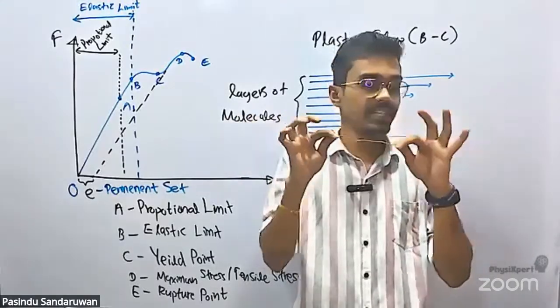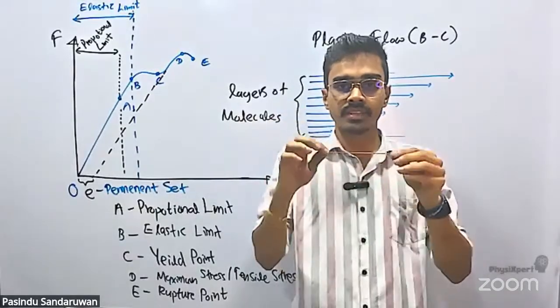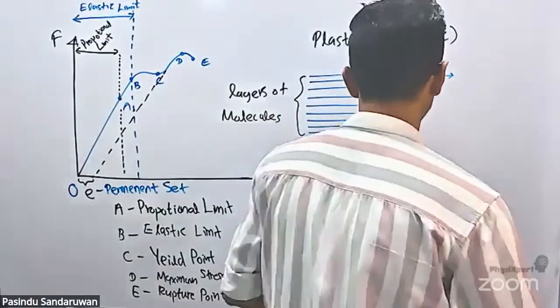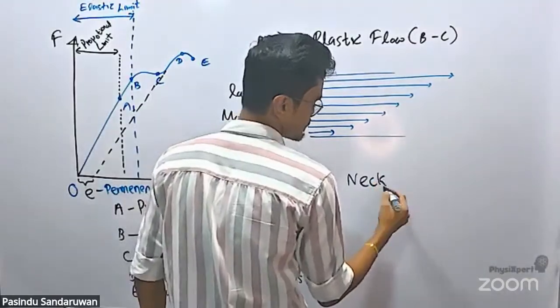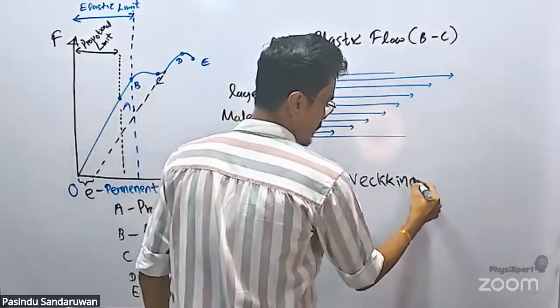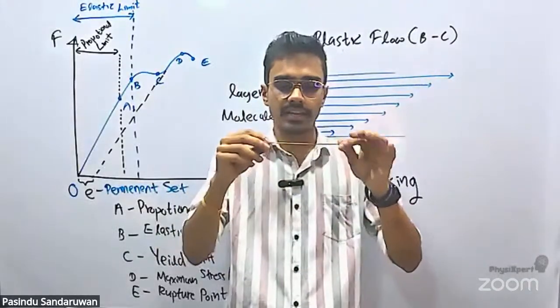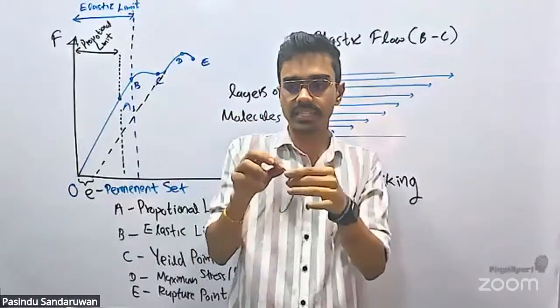And in addition to generation of heat, some points of the material are necking. Necking means getting thinner. Some points of the material are getting thinner compared to other sides.